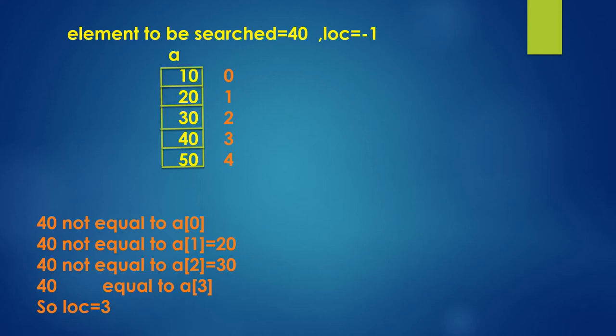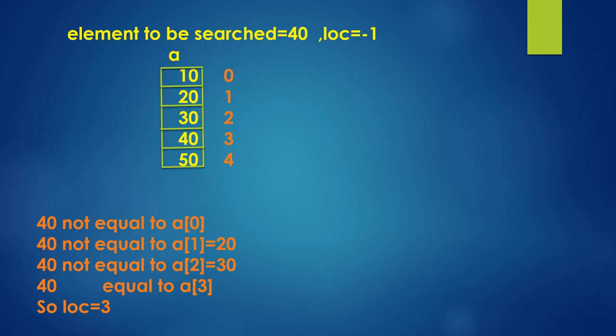In this case, in linear search, we need to initialize one variable, location. We are checking whether this 40 is there in this array or not. If we find the 40 in this array, we need to print the location also. If we do not find 40 in this array, you can print that the element is not in the array.